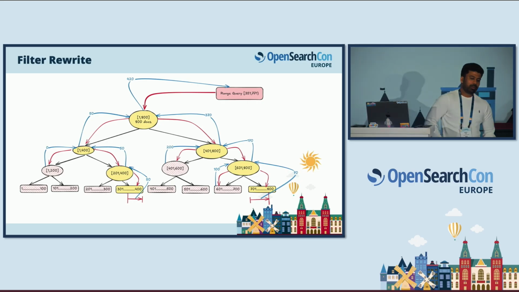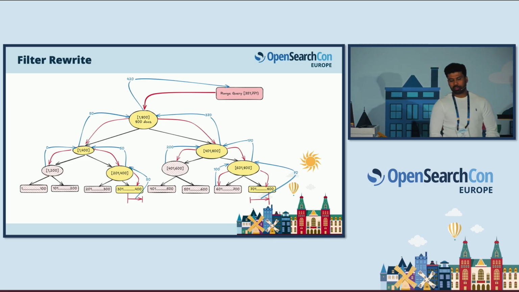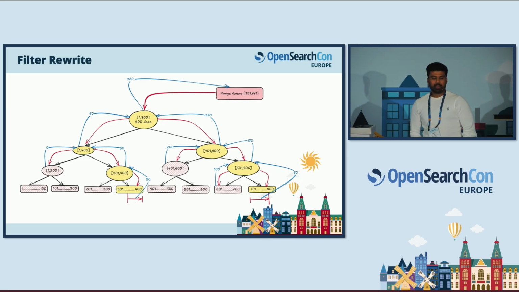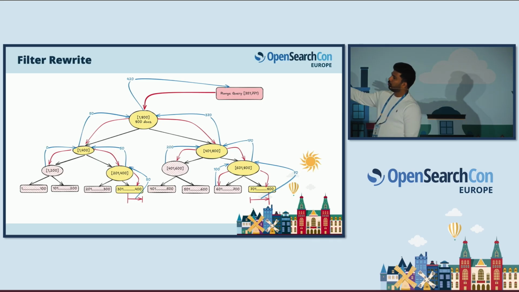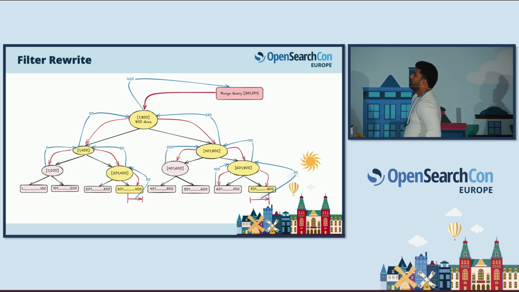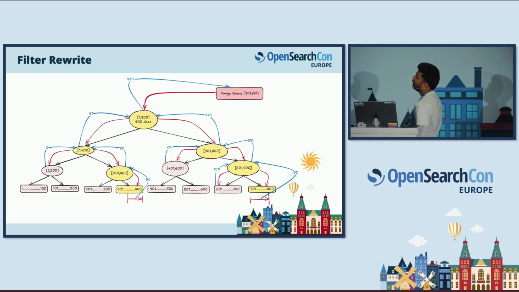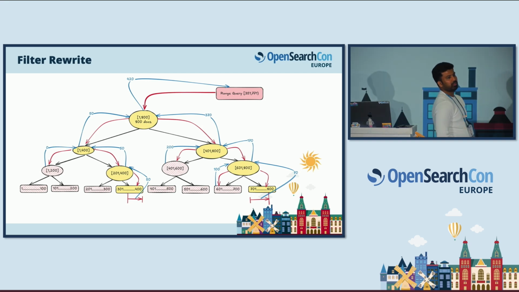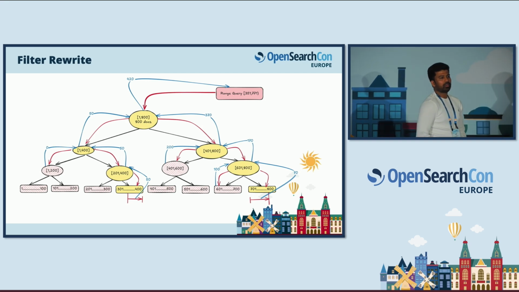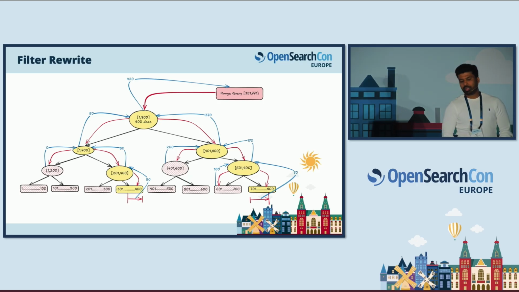One of the optimizations that we can do here is, for example, if you go to the node with range 1 to 200, towards the leftmost, you can clearly see without going to its children that the number of matching documents is going to be 0, because we are looking for 351 to 771.